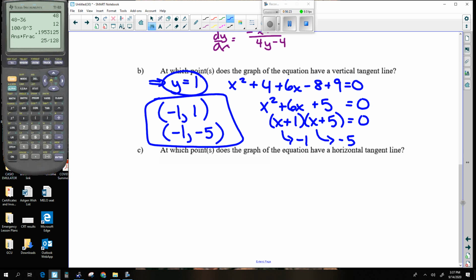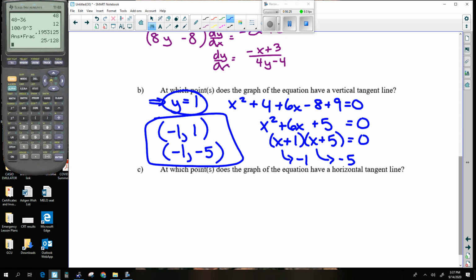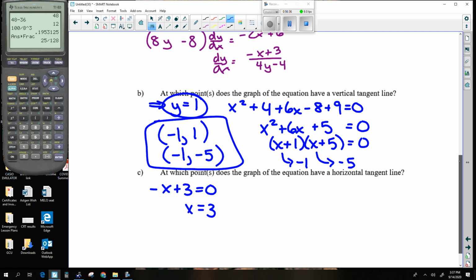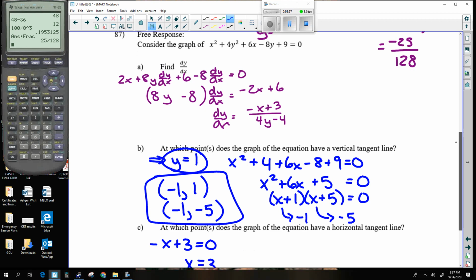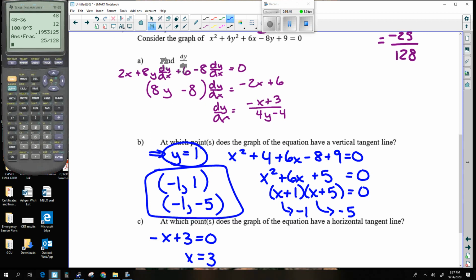Horizontal tangent line is when the derivative is equal to 0. And so that would imply when -x plus 3 is equal to 0, and that would make x equal to 3. So whenever x is equal to 3, that has a horizontal tangent line. So again, doing the same trick, going back to the original, this is what, 9 plus 4y squared plus 18 minus 8y plus 9 is equal to 0.